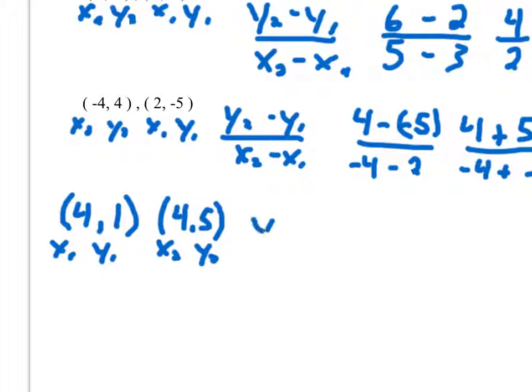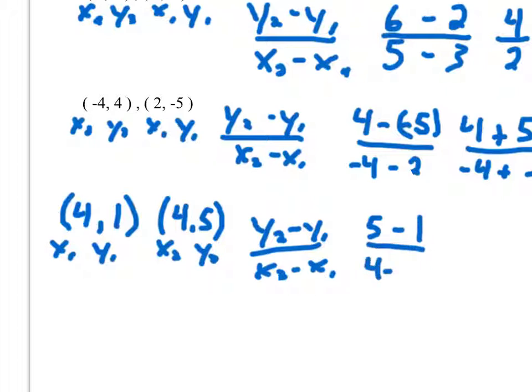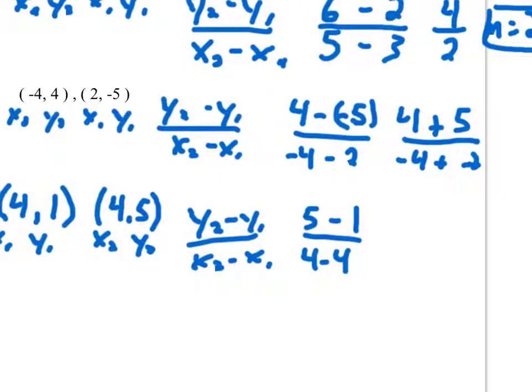Okay, we'll plug in the formula, y2 minus y1 over x2 minus x1. Let's plug in our numbers. Well, my y2 is 5, minus my y1 is 1. Now on the bottom, my x's are both 4, so I'm going to get 4 minus 4. And when I solve that, I'm going to get 4 over 0.